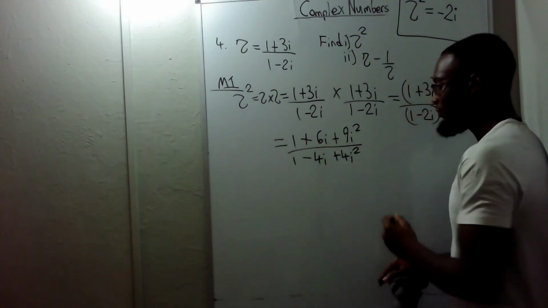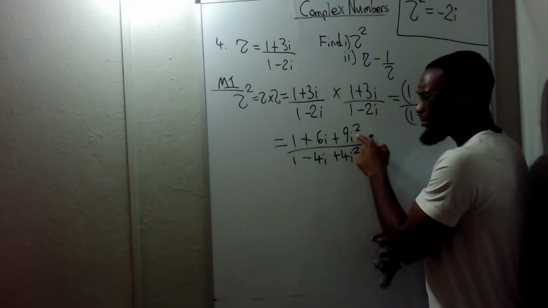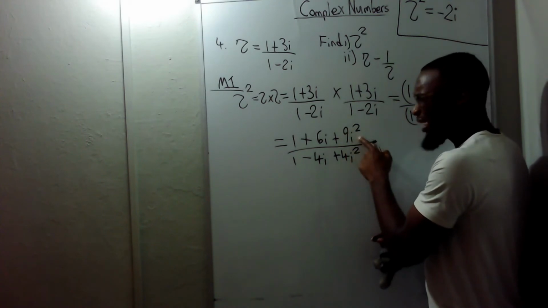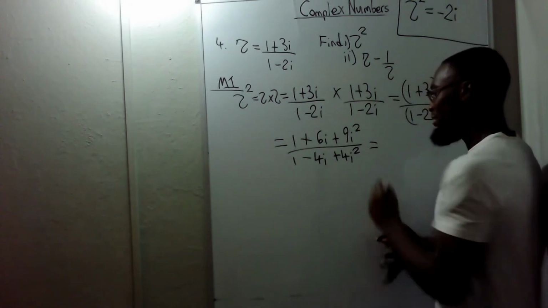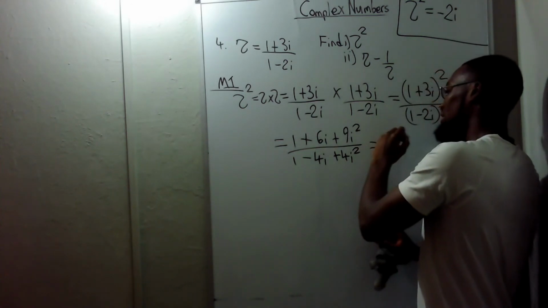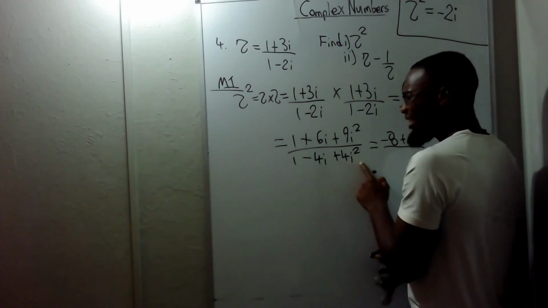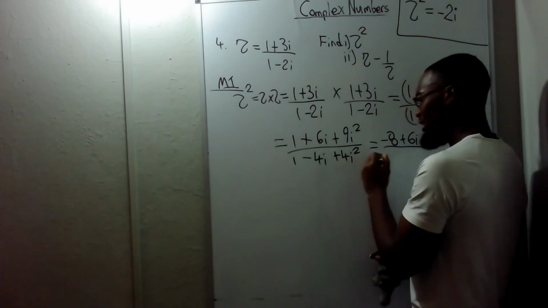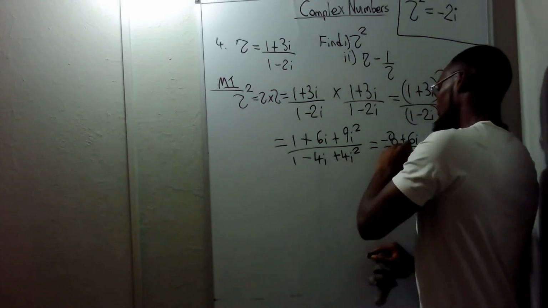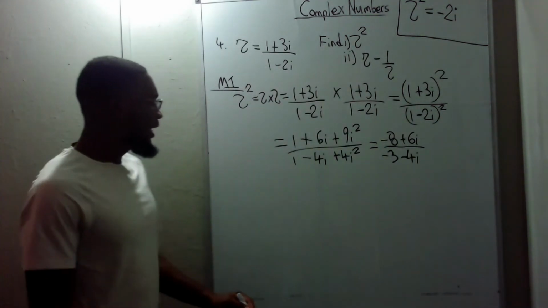Okay, cool. Now i squared is -1, 9 times -1 is -9, 1 minus 9 is -8. This is -8 plus 6i over 4i squared is 4, 1 minus 4 is -3. So that's -3 minus 4i in the denominator.